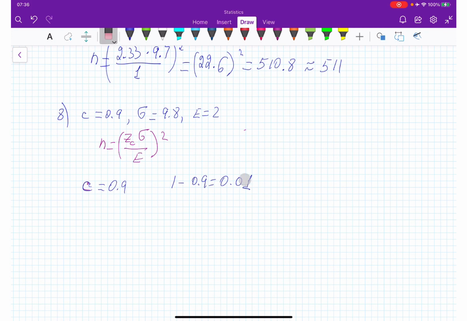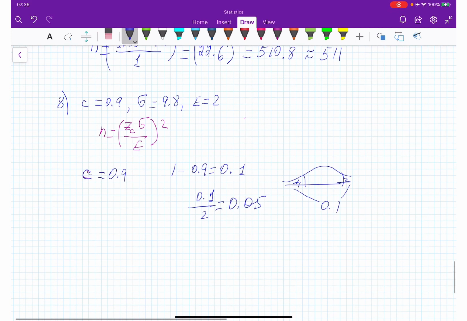Okay, I'm sorry. It's going to be 0.1. Then we need to divide 0.1 by 2 because 0.1 is for two tails, right? This and this, it's 0.1. And if we divide by 2, we get 0.05.